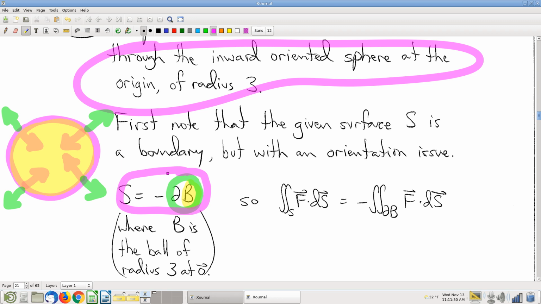Everybody see the color coding? You've got to think through, boundaries are always outward, the given surface is inward. Other than this whole orientation thing, they're exactly the same thing. So the purple surface that I have is the negative of the green boundary surface.